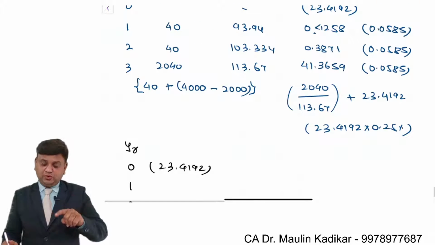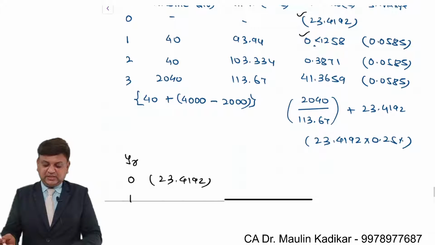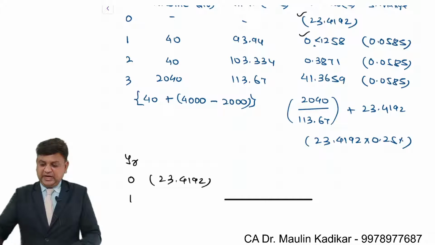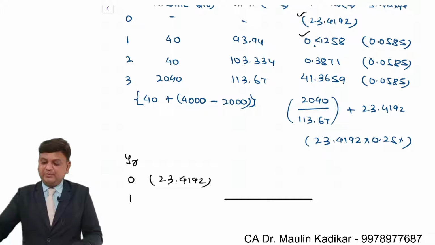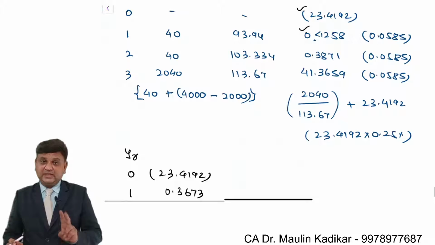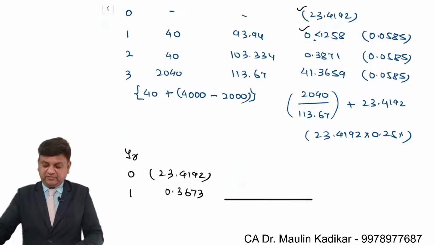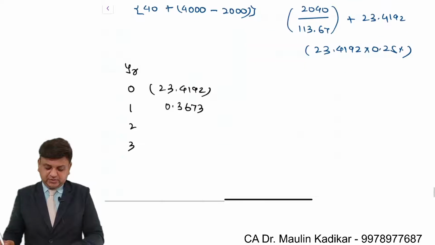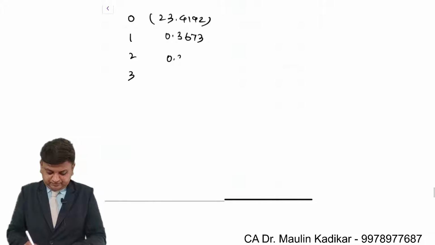They pay fees to you which you convert into pound currency, and you receive 0.4258. However, you have to pay 0.0585 swap charges, so you receive a net amount of 0.3673. Second year, 0.3871 minus 0.0585, so 0.3286.